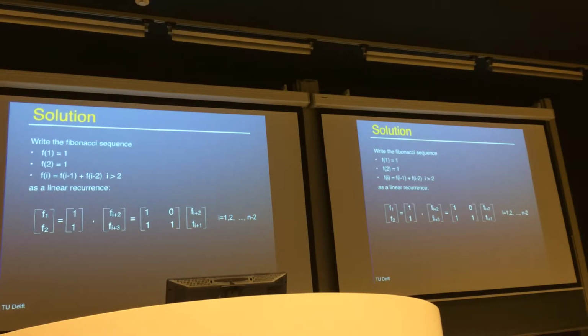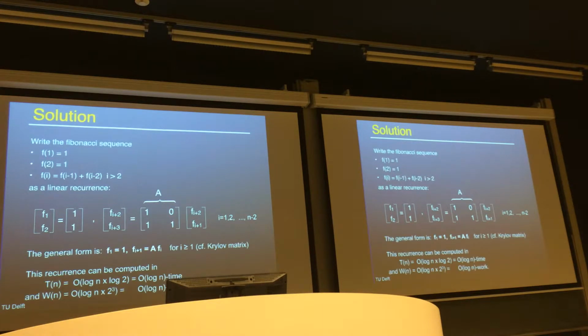Now you are ready to apply your linear recurrence machinery to find the solution, because this is nothing more than what you learned in class last time: yi equals a times yi minus 1, for example. So this can be solved by realizing that f1 equals 1 and fi plus 1 equals a fi, where fi now is a vector containing two components.